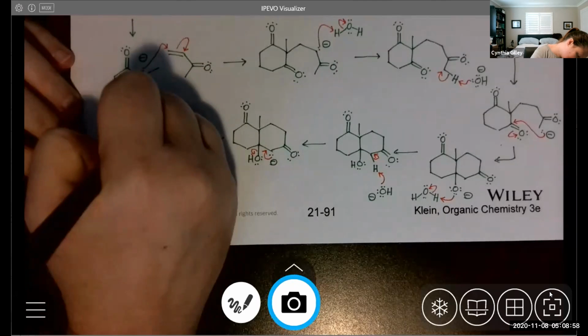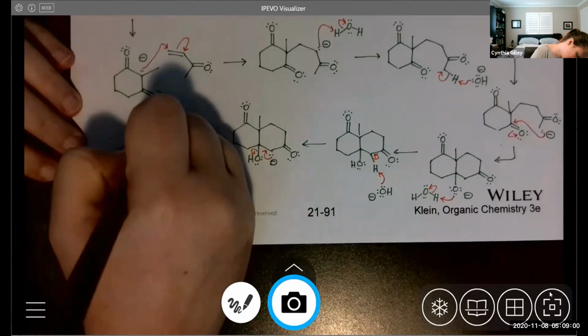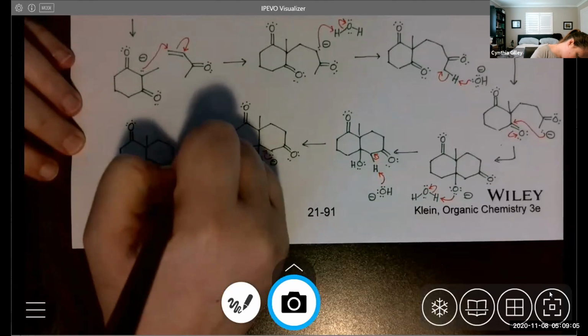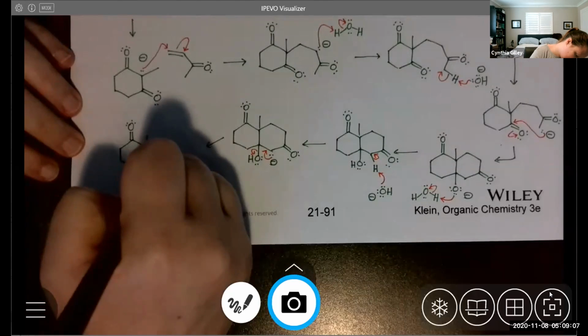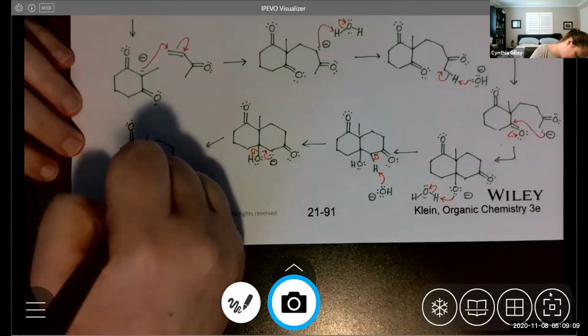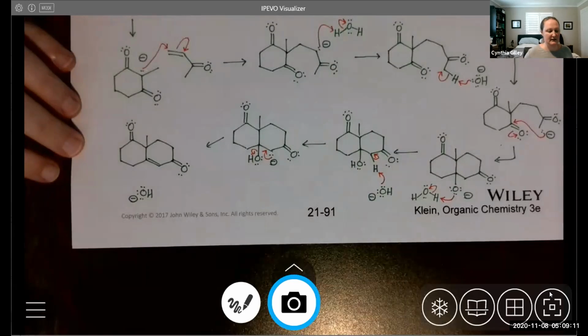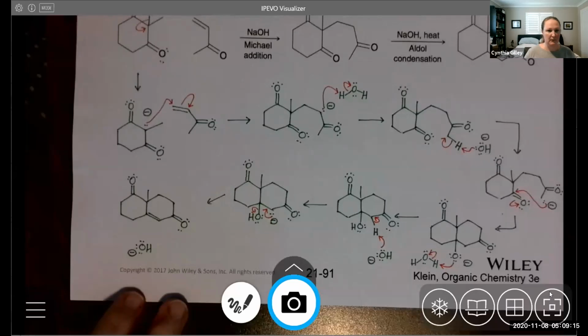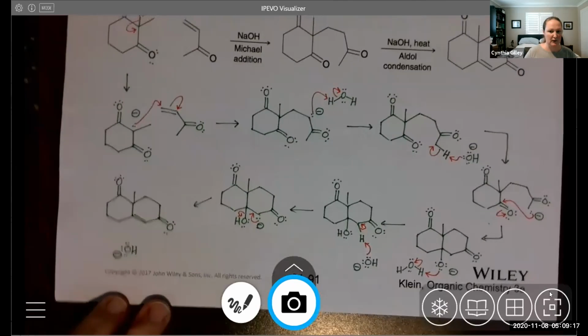This is the step that generates the product. And we also get some hydroxide. Okay, so there's the overall mechanism.